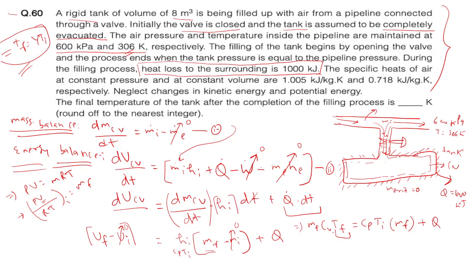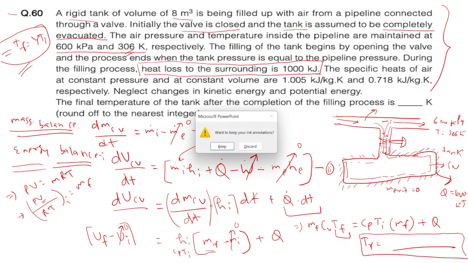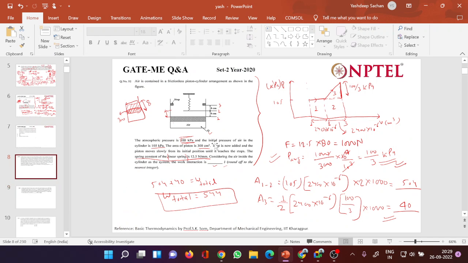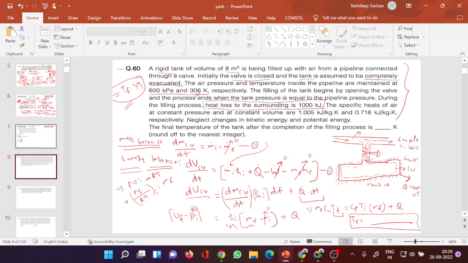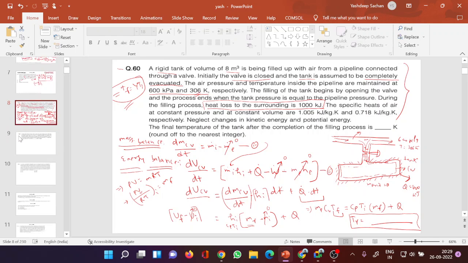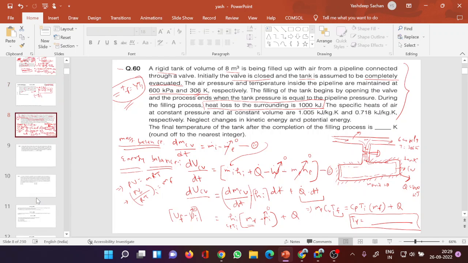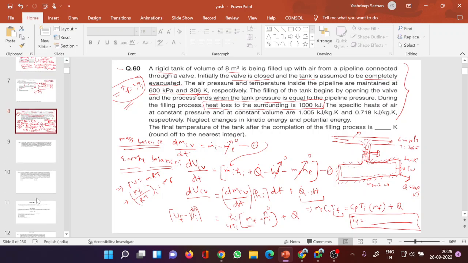Got it. Okay, then find the Tf for the next class, I think. Let's see how many problems are coming. 395 approximately something, sir.